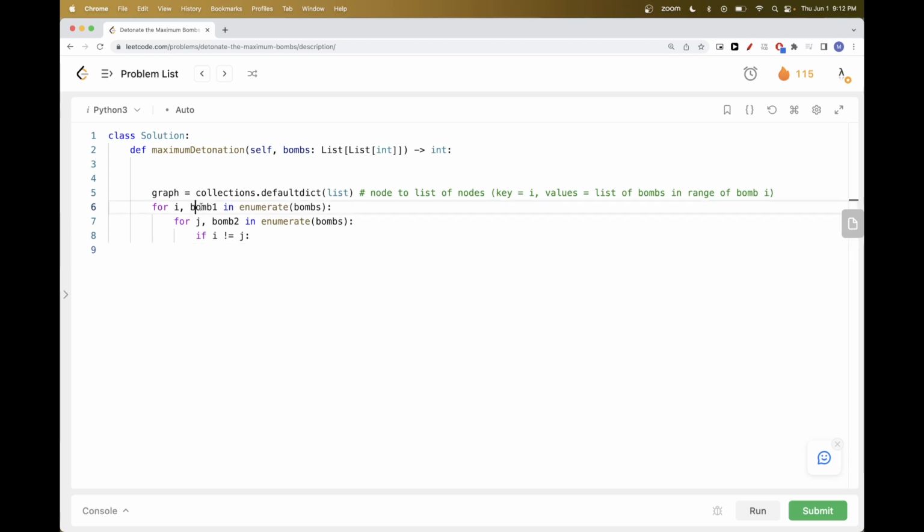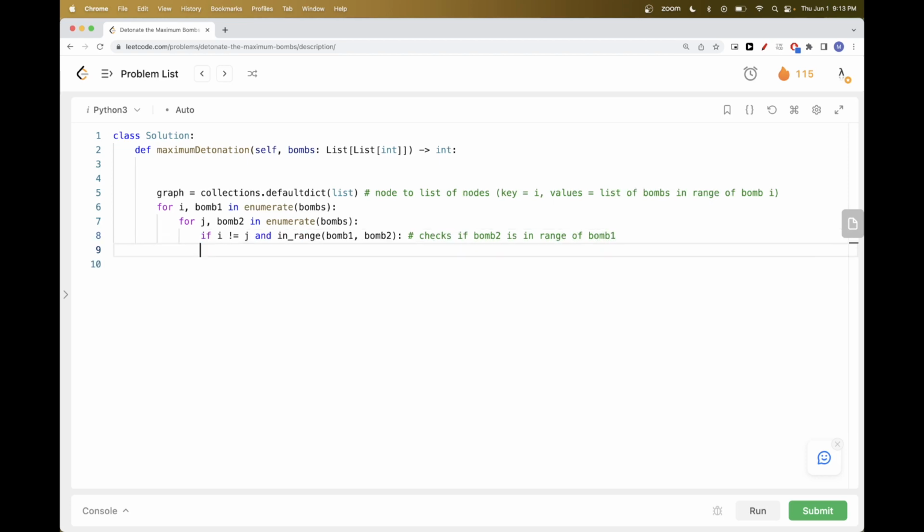And then we want to check if it's in range. So let's check in range. Basically we check if bomb 2 is in range of bomb 1.